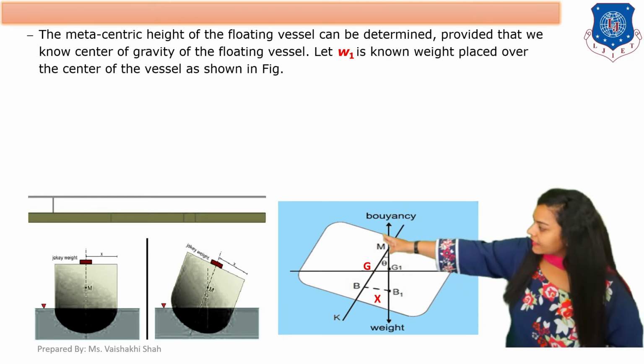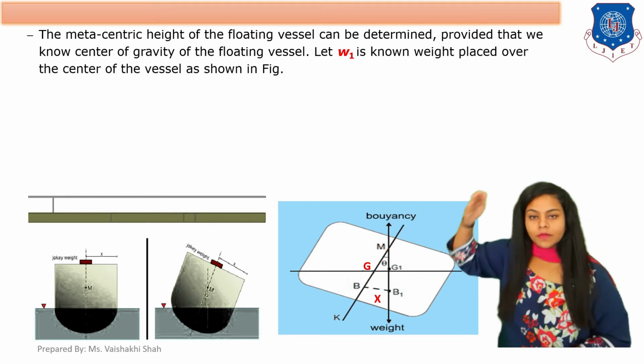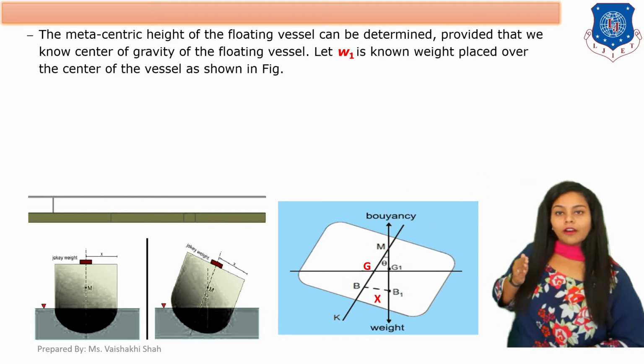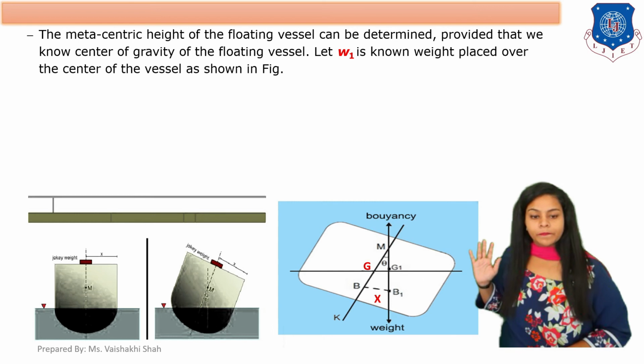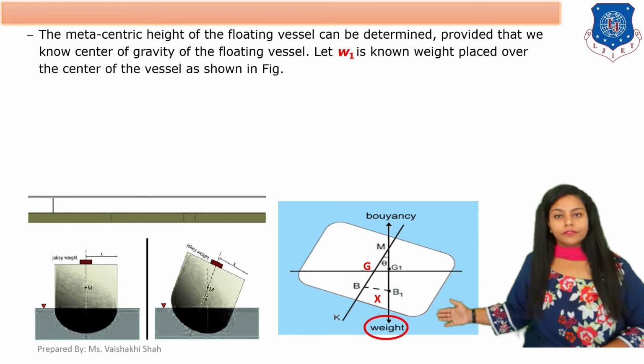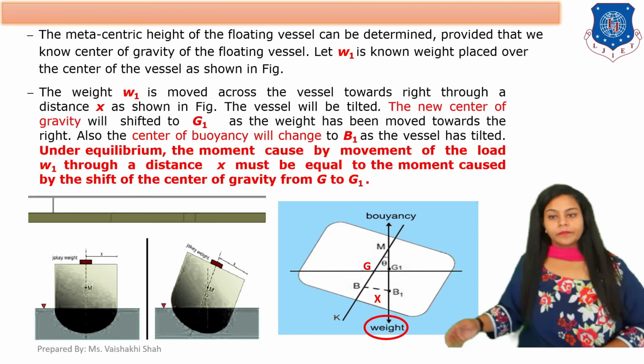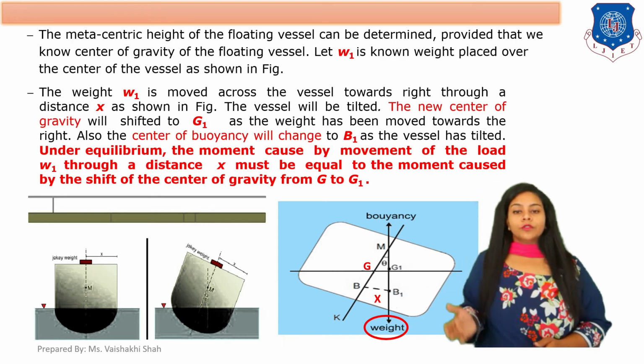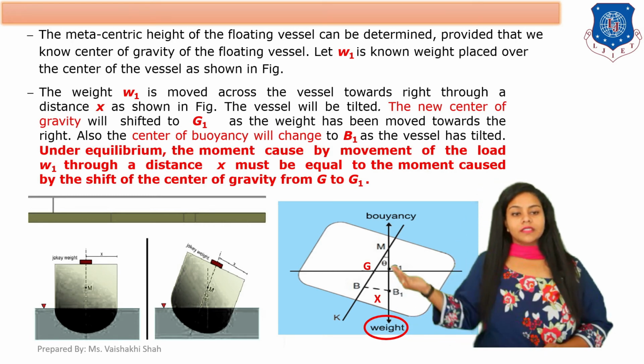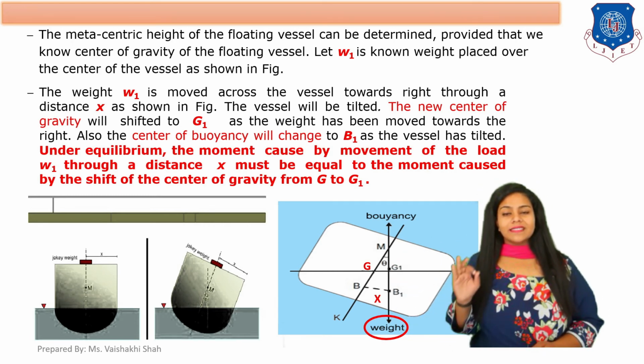As you can see in that diagram, the distance from the center to the shifting of the weight is x, and here is the weight of your body, W1. So W1 is moved across the vessel towards the right through a distance x.